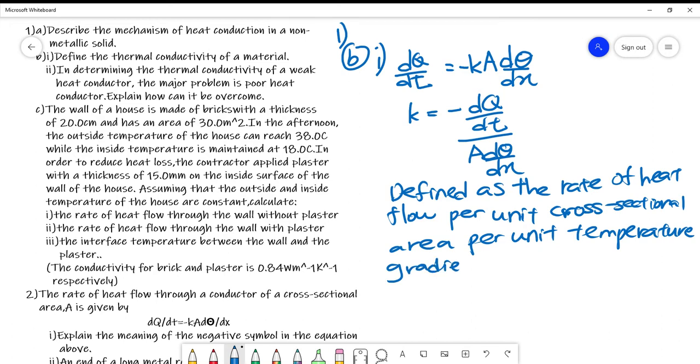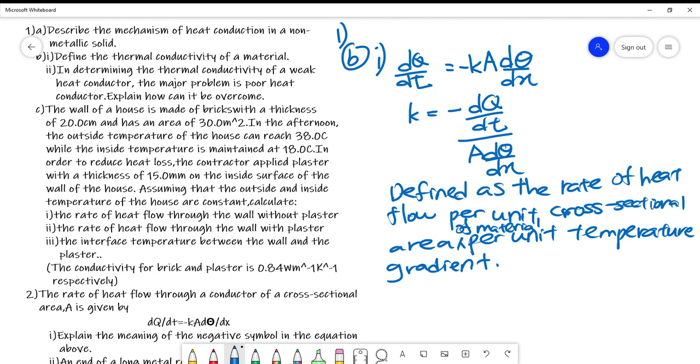So basically, the thermal conductivity is defined as the rate of heat flow per unit cross-sectional area and per unit temperature gradient. This one should be at the subject, which is of materials. So that's it for the definition of thermal conductivity.